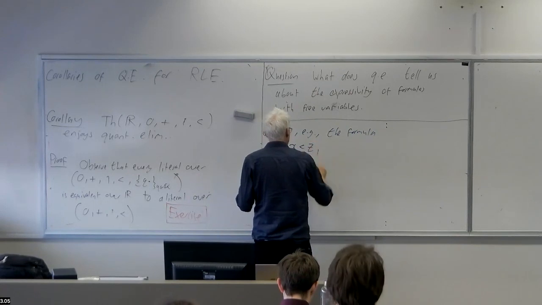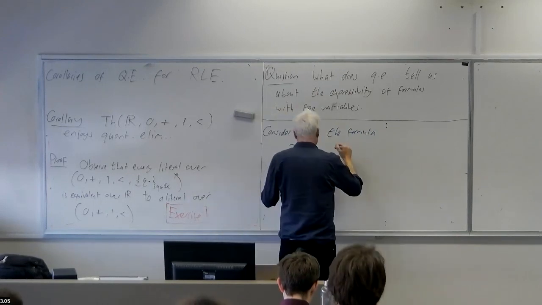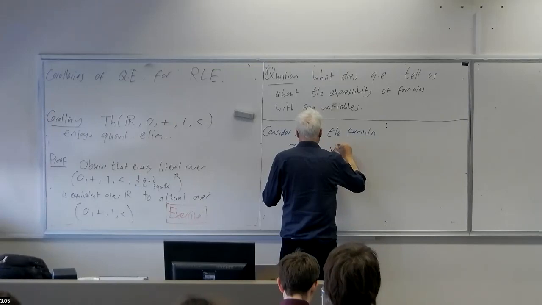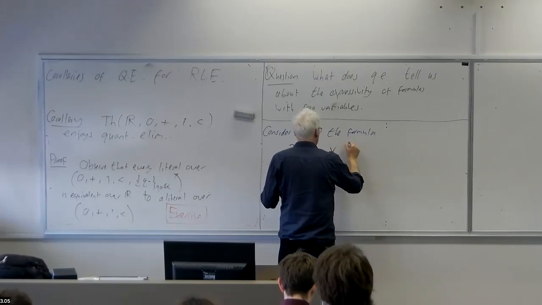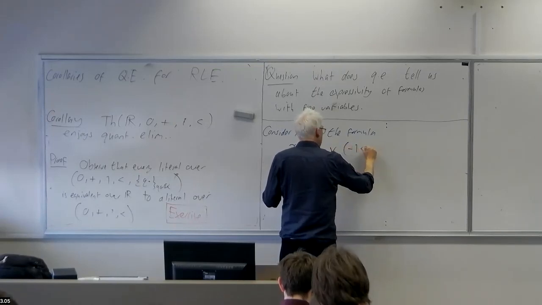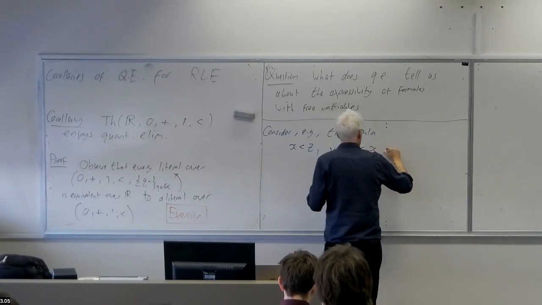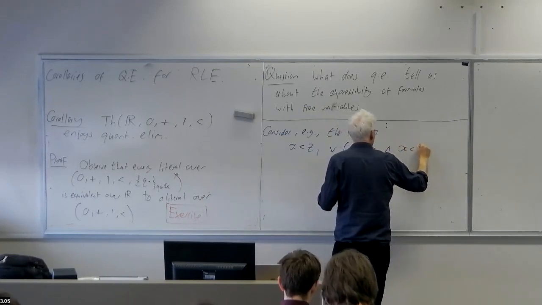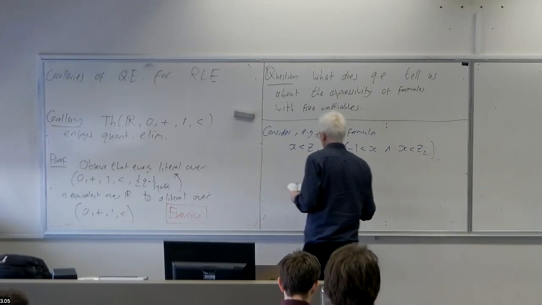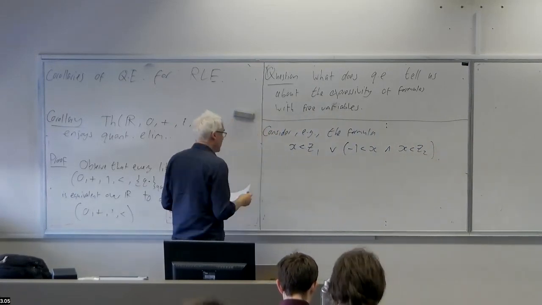It's a bit arbitrary, but this is the one in the notes: x is less than z1, or -1 is less than x and x is less than z2. So that's the sort of thing we can express with free variables.